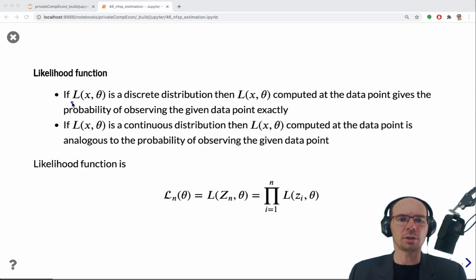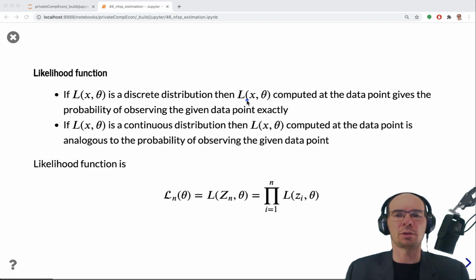So in the case when L is a discrete distribution, we can just plug in the data in place of x to get the probability of observing those values. Rolling a dice has a probability of 1/6 of having any particular number, and so when you observe those numbers, plugging in requires invoking this probability of 1/6.